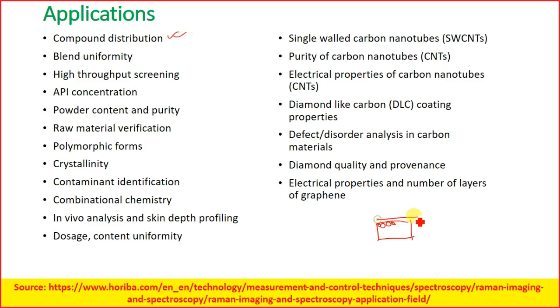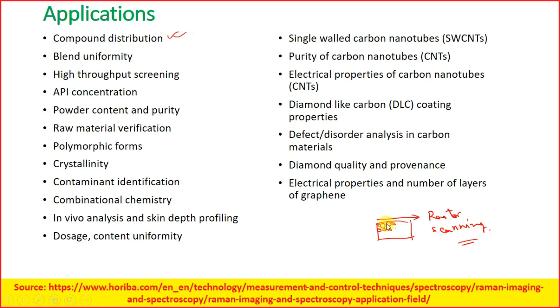In this fashion, you can go from left to right. And as you finish the first row, you can start the scanning in the second row. So this is called raster scanning. That will help you in understanding the compound distribution within your samples.